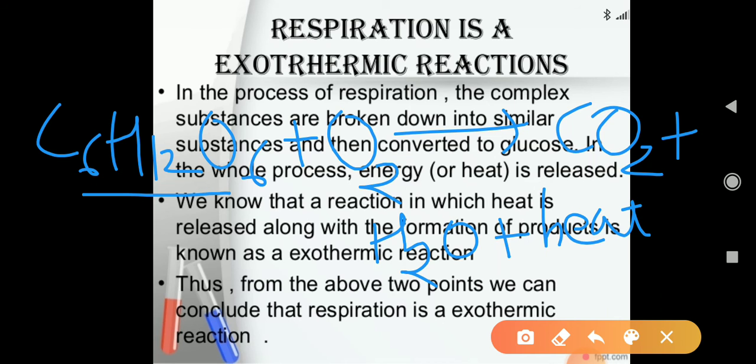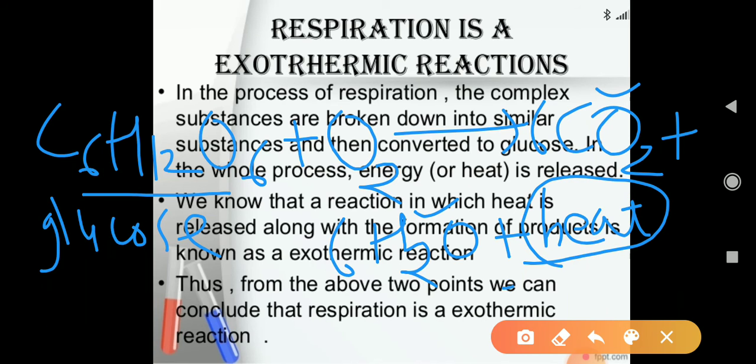We have to balance this reaction, so put 6 here and 6 here to equalize the number of atoms. This is the respiration reaction: glucose is converted into carbon dioxide, water, and the important product, heat, generally called energy. We get this energy to do any type of work by the body.